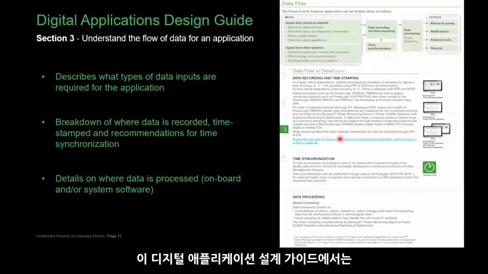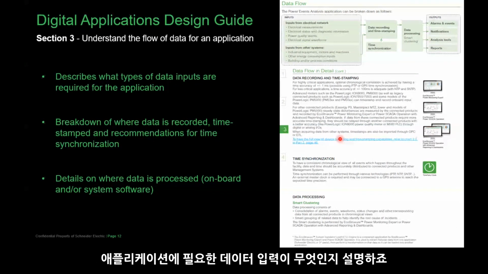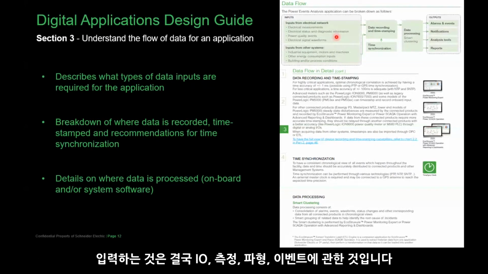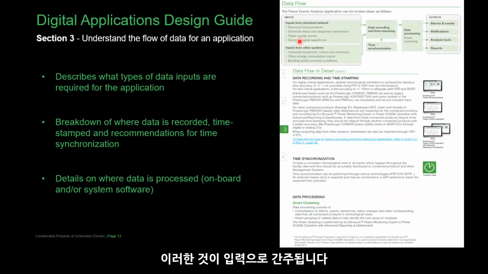So in this digital application, you also describe the data input. What data inputs are required for the application? As you can see on the right side, the inputs from the electrical network are things about IOs, measurements, waveforms, events. These are considered inputs.